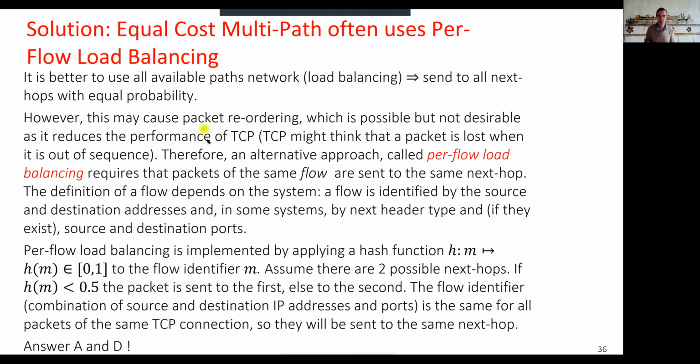If we use multiple paths, then we might create some reordering. And if you remember, some of the heuristics that TCP is using to detect packet losses may fail if there is a reordering. So reordering might cause some problems with TCP itself.